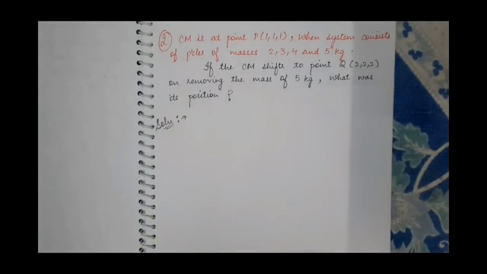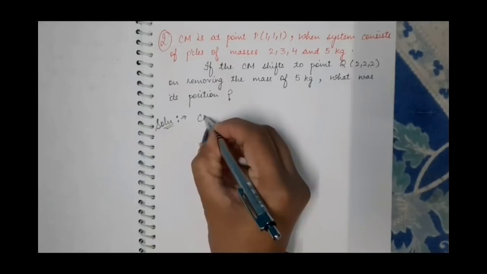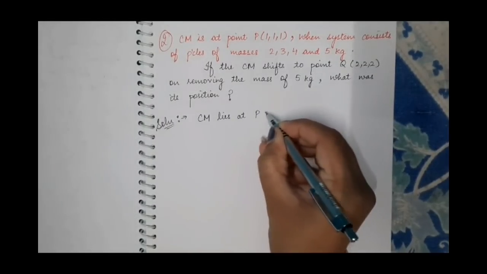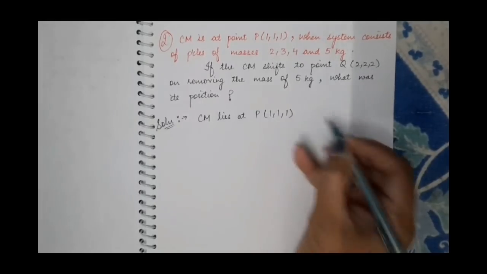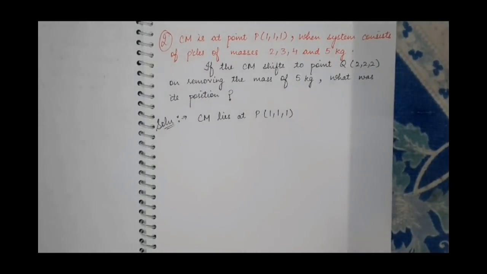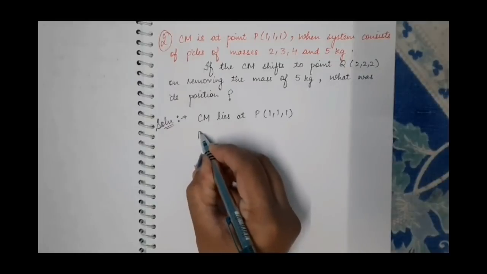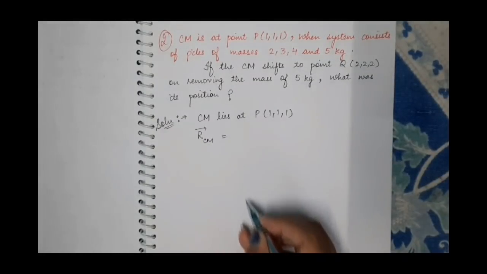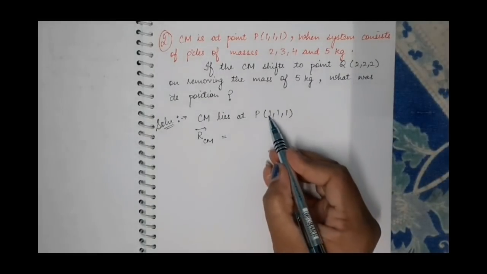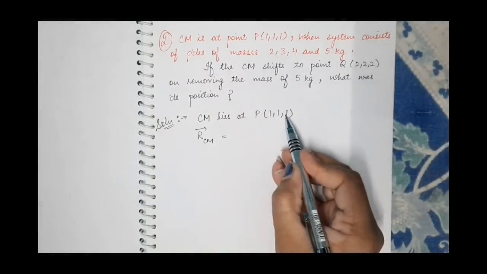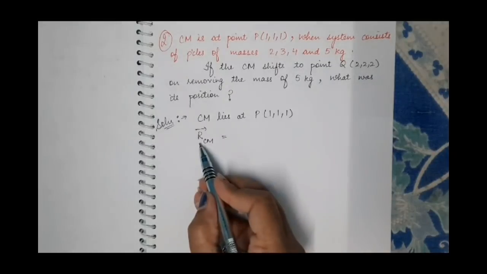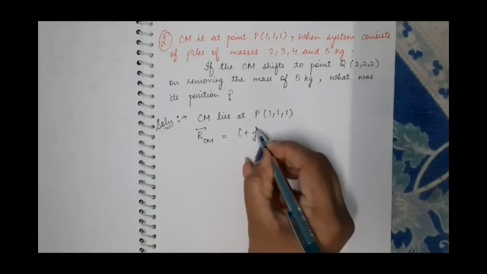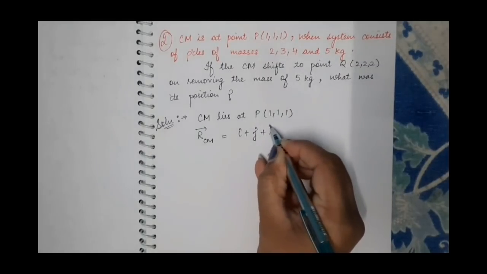So the center of mass lies at P having coordinates 1, 1, 1. At that time, what will be the position vector of the center of mass? These are the x coordinate, y coordinate, z coordinate of the center of mass. It means its position vector will be 1 i cap plus 1 j cap plus 1 k cap.